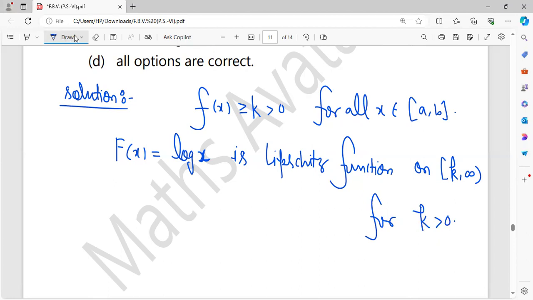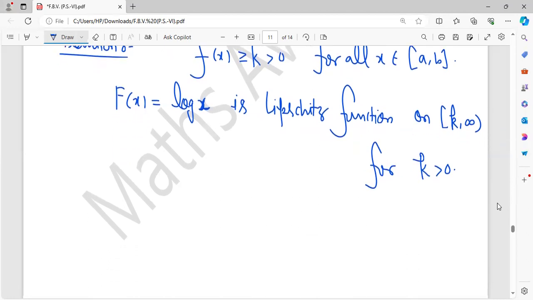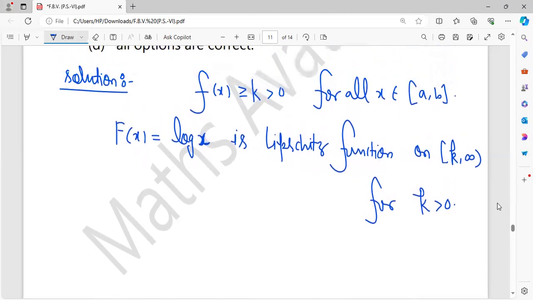You can check that it is a Lipschitz function because the derivative is bounded.